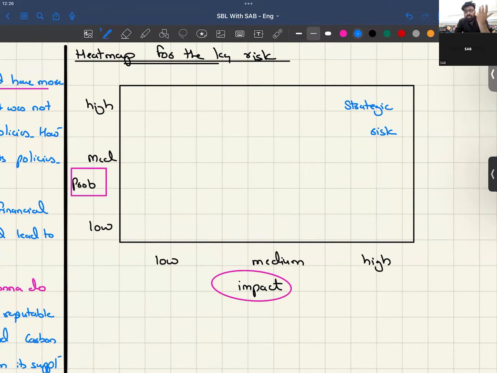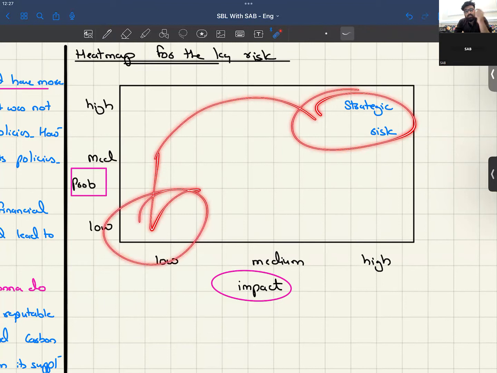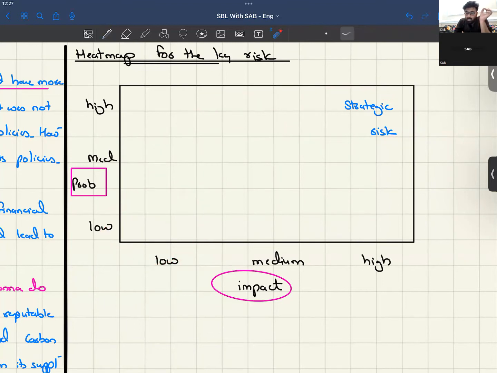But if any student says, sir, I think the strategic risk should come somewhere else, that's totally up to him. There are no worries. He just needs to justify his selection, and if he justifies it properly, he can easily do that.